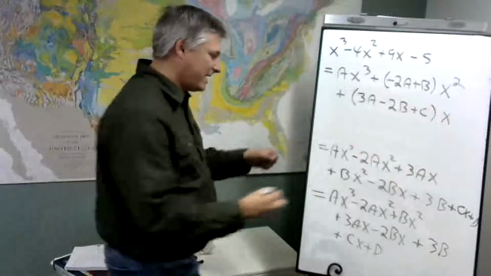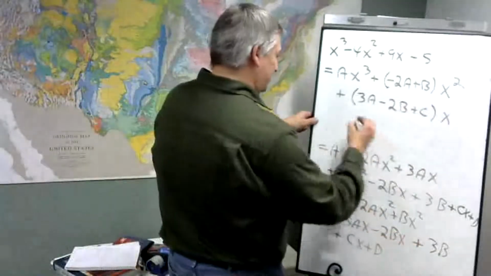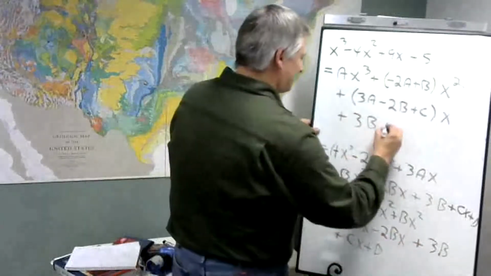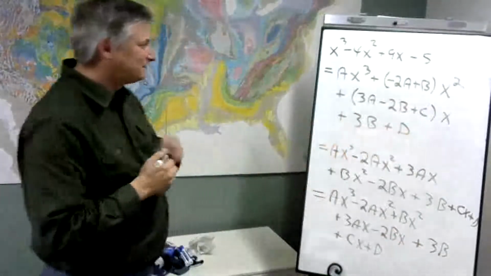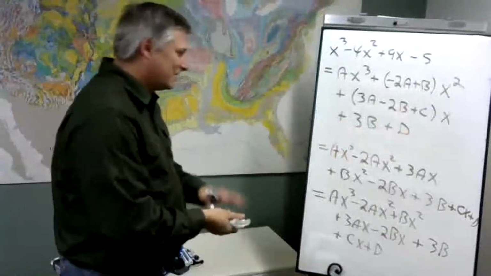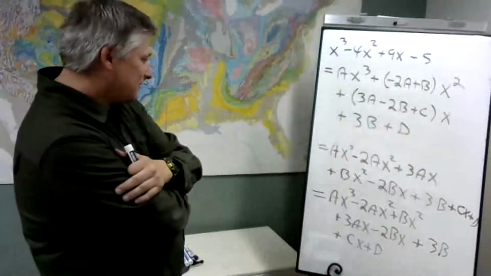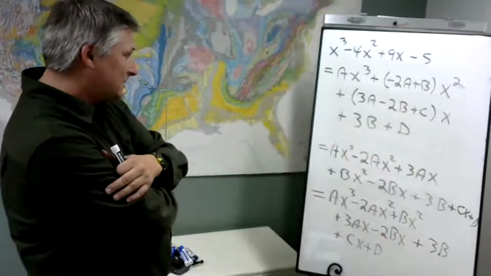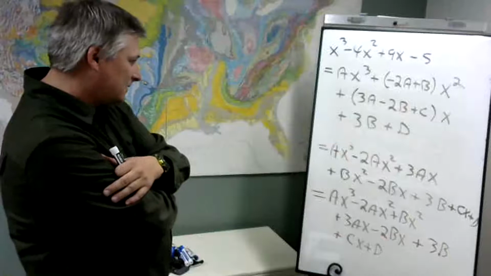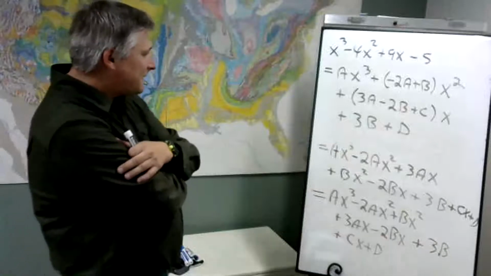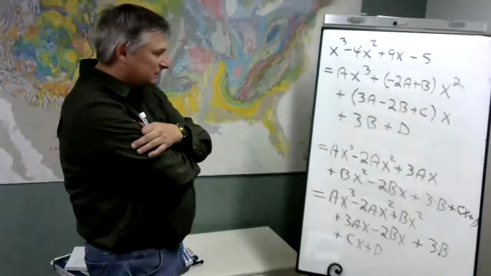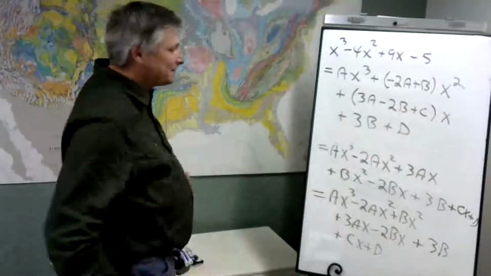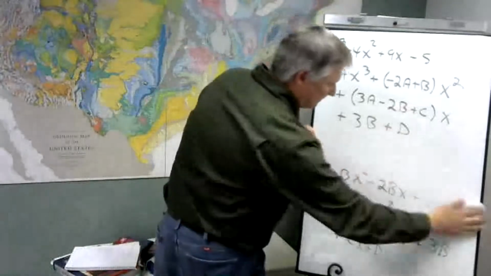All right, and then for the constant term, we have 3b, of course we don't want to forget our d, plus d. All right, so let's take a look here, make sure this is all together. Minus 2b for the x, there's a 3ax and then a cx. All right, and then for the constant, the 3b and a plus d. Okay, well, so far so good.